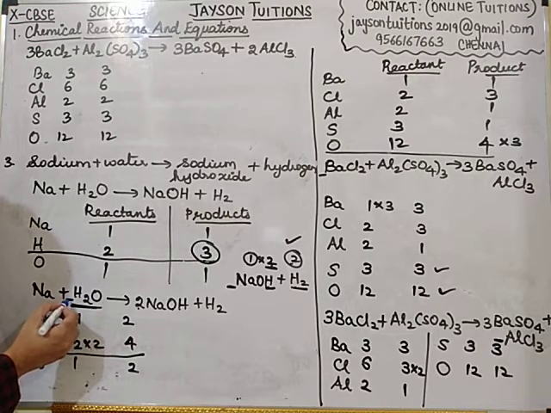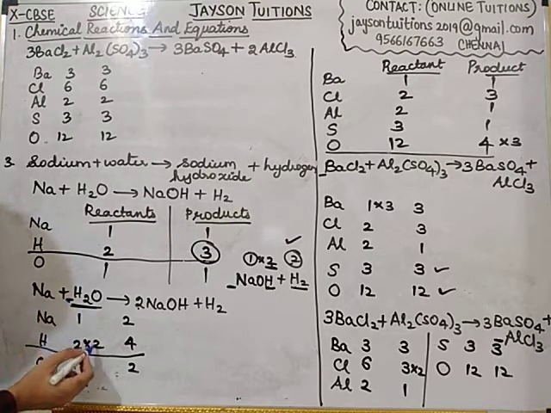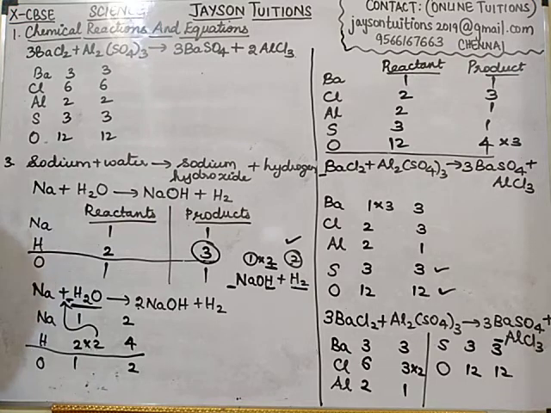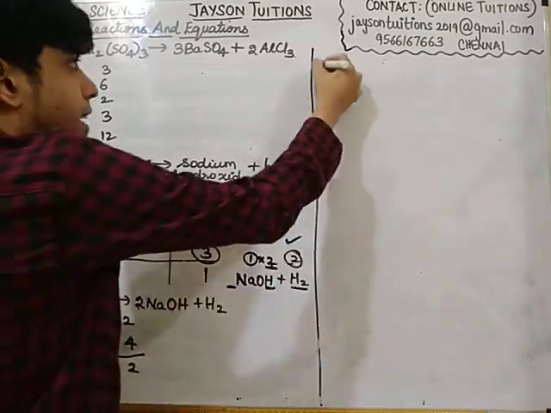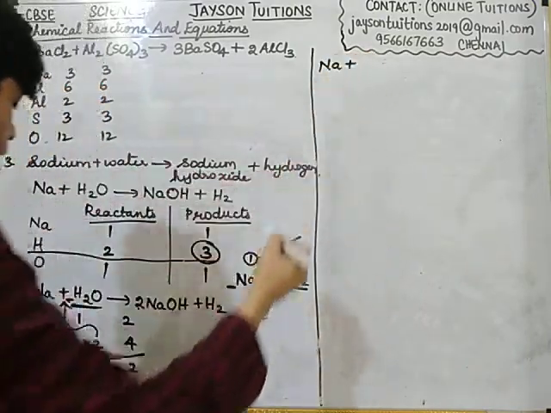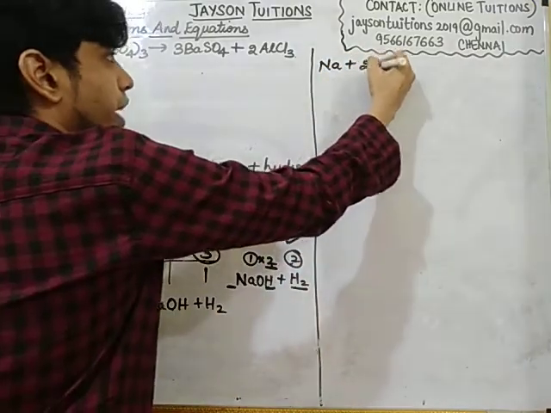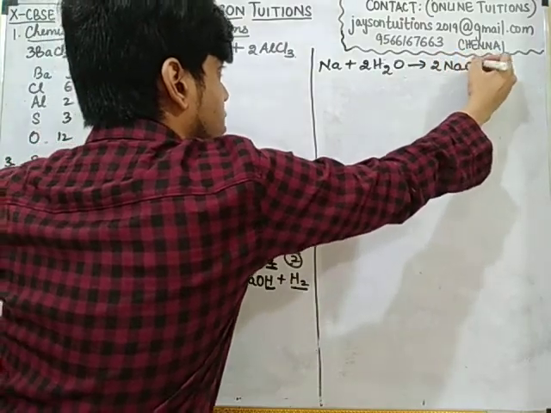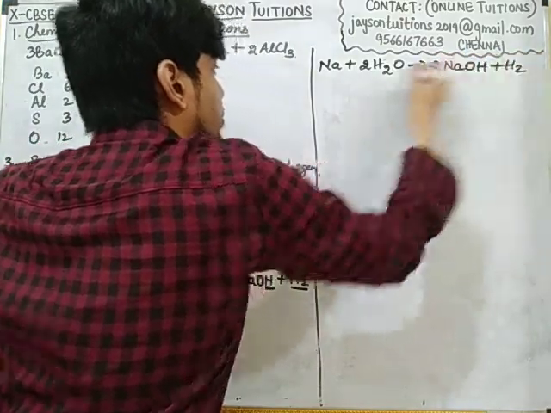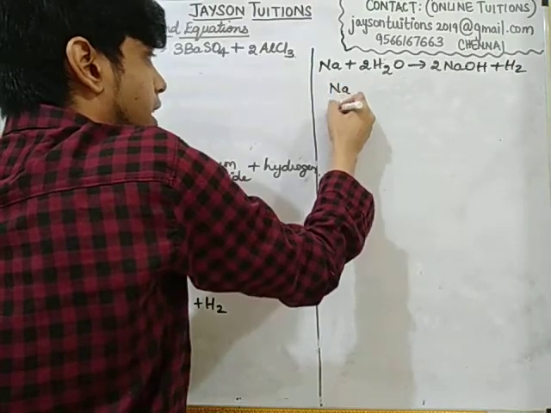So here I have to write this number 2. So what will I be getting? Na plus I have to write this 2 here. 2H2O gives 2NaOH plus H2.